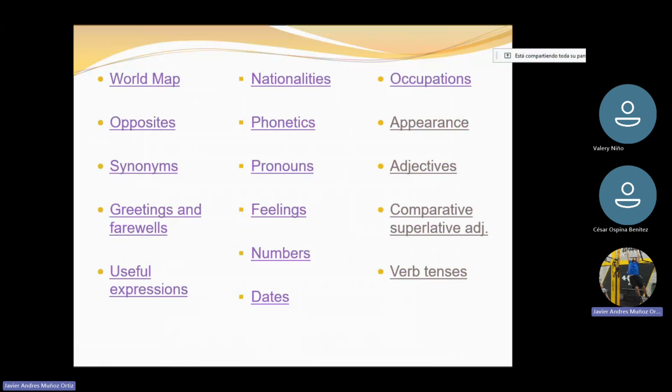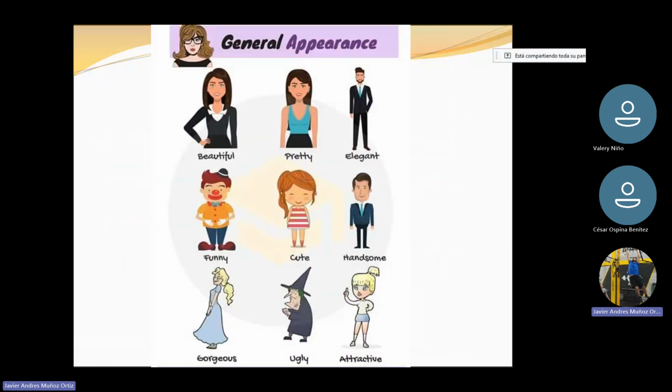So we use adjectives to describe, in level 2, to describe people, animals, ideas, places, and so on. And we focused in level 2 on physical appearance and personality. For example, for physical appearance, that information that we get by looking at a person, because the information comes mainly from our eyes, we could say that the person is pretty, elegant, handsome, gorgeous, and so on.